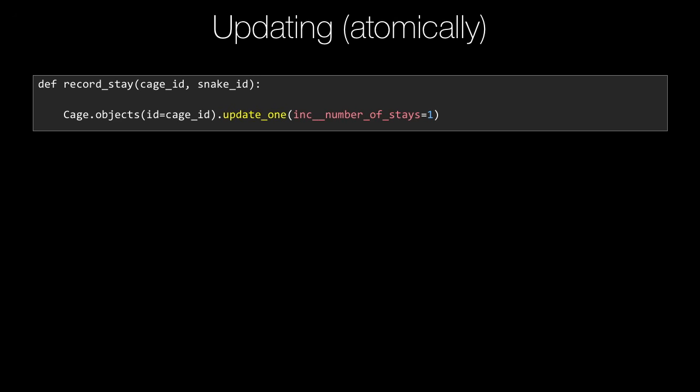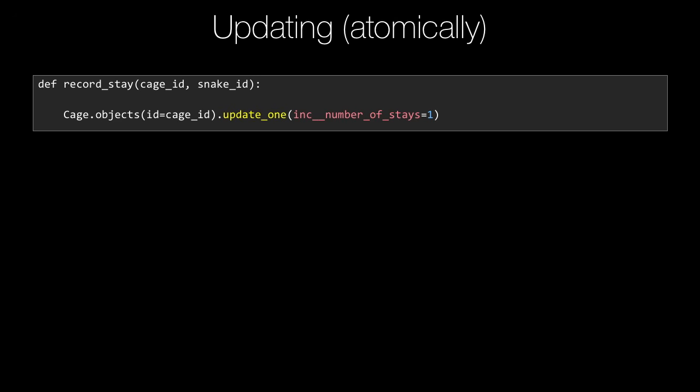Now, there probably are better ways to get this, but let's suppose that is a number and we want to increment it. So instead of pulling the cage back and doing a plus equals 1 sort of thing and saving it, we can literally go to Mongo and say increment this number, the value of number of stays, by 1. And that could be negative, that could be 10, but I have 1 here. So you write the query dot update 1 and then pass the little operator.